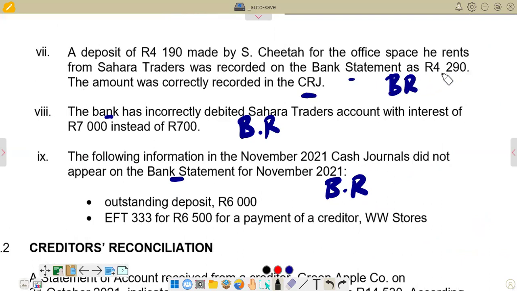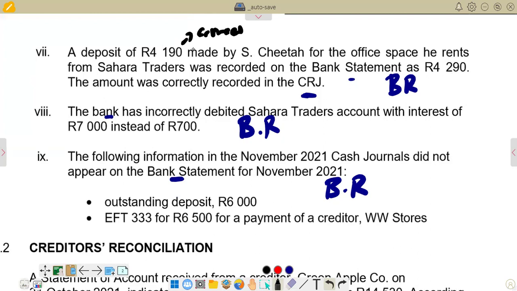So what does it say? The deposit was 4,190. This represents the correct figure. And then when it was recorded in the bank statement, it was recorded as 4,290. So it means it was recorded as a bigger figure.